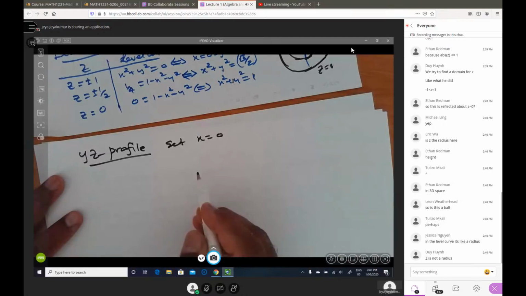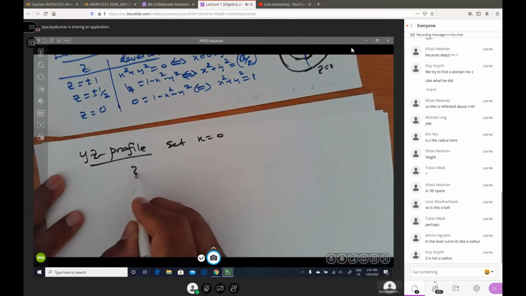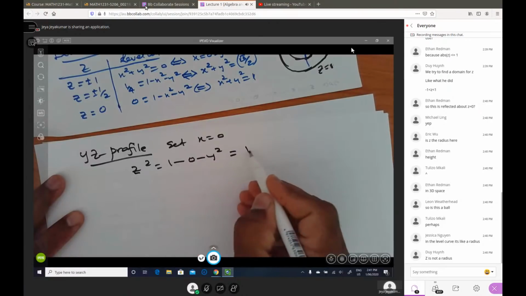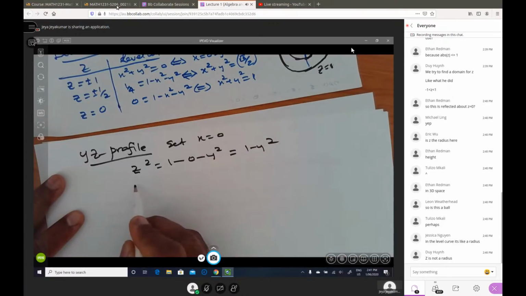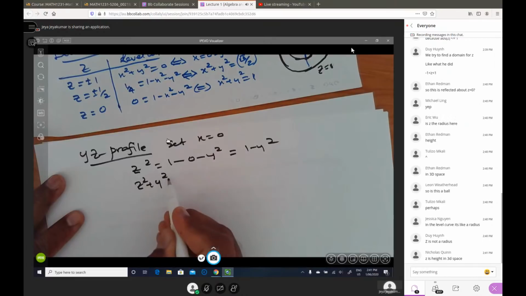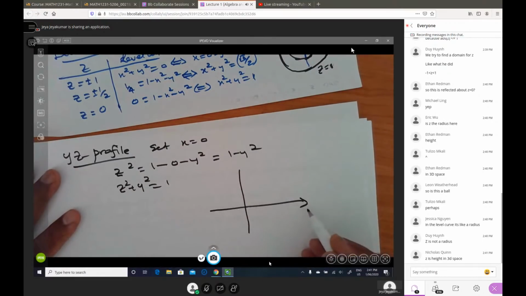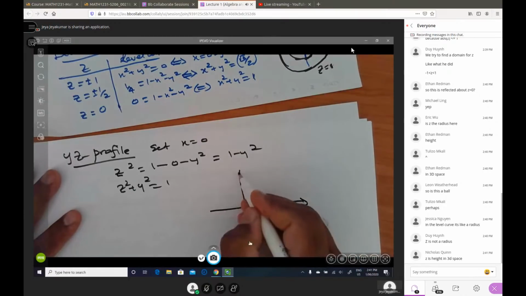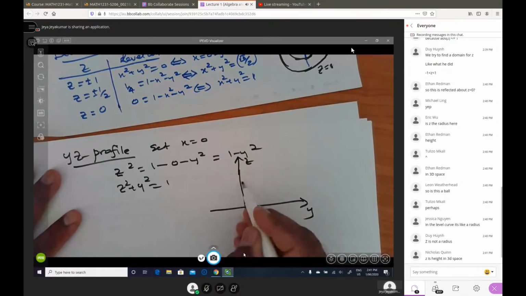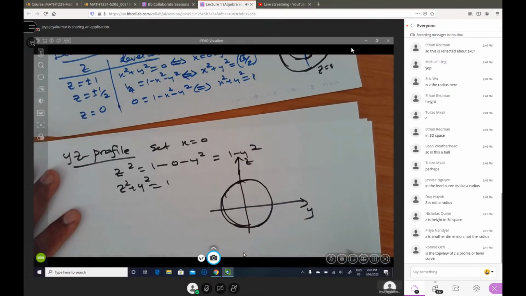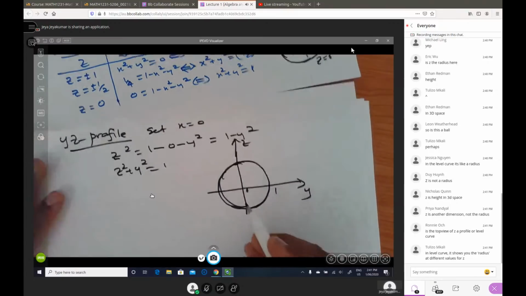That gives you z squared equals 1 minus 0 minus y squared, that's 1 minus y squared. That is z squared plus y squared equals 1. So that's a circle. This is y, that's z. The intersection of the surface and the yz plane is a circle with radius 1.